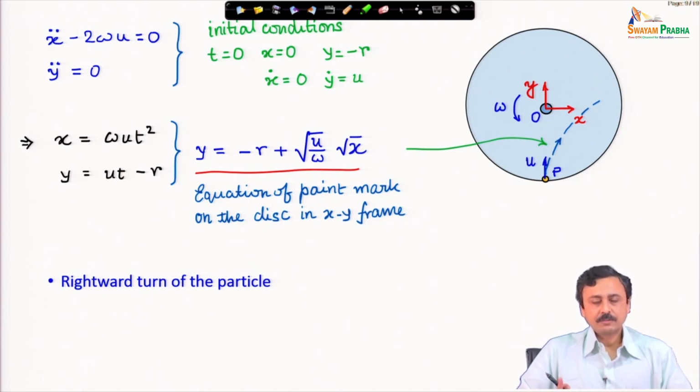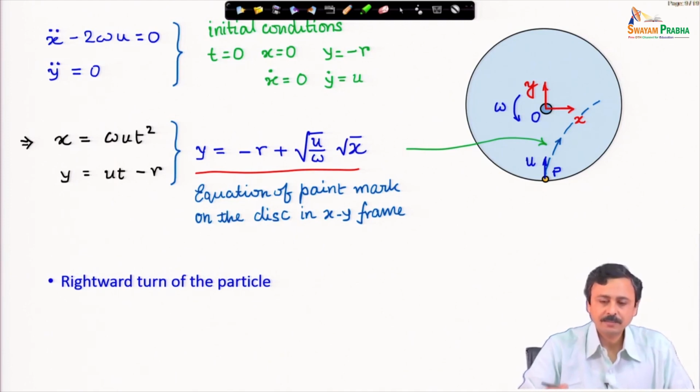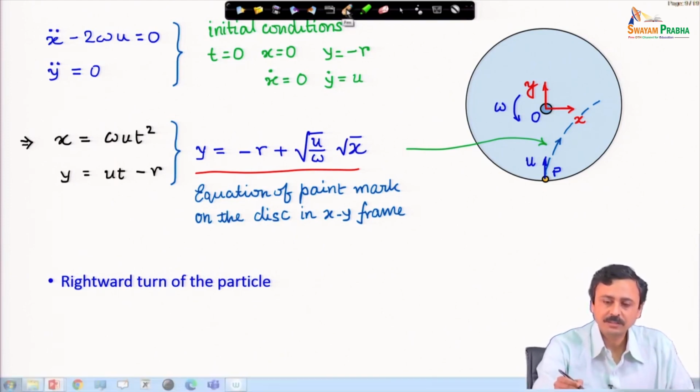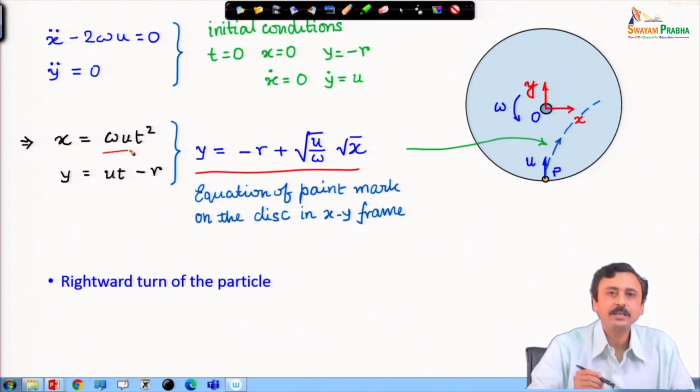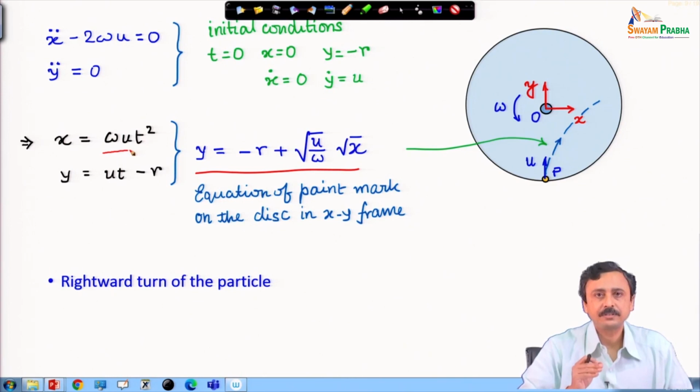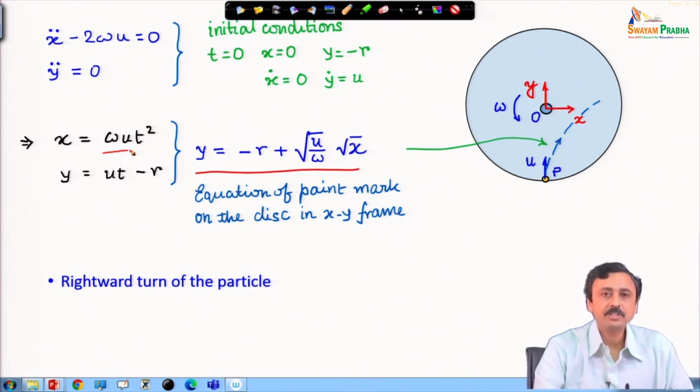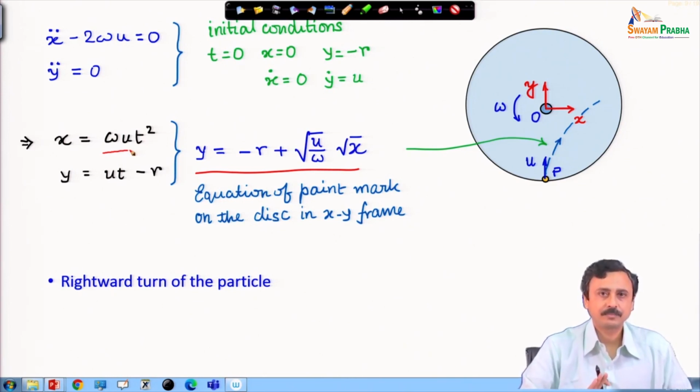Notice the first point is that the particle turns to the right. What happens if omega is reversed? If I take omega in the clockwise sense, which means I change the sign of omega here, the particle will curve or veer to the left. The change of y remains the same.